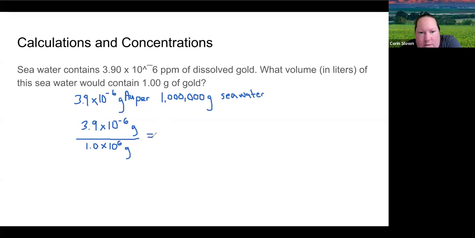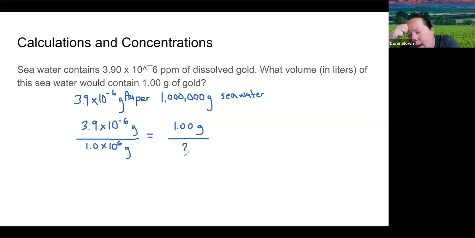And I want to know, if I have 1 gram of gold, how many grams of seawater would I need? Except in this case, they're asking for the volume in liters. So I have to do a little bit of backtracking.